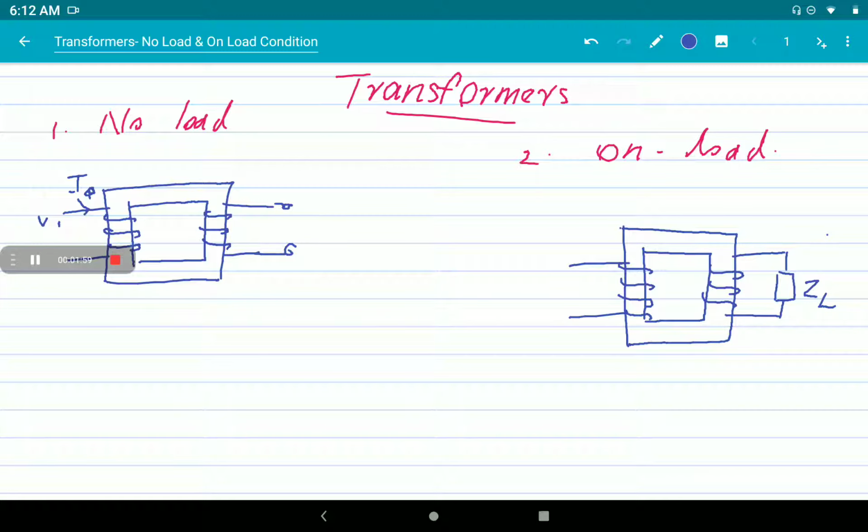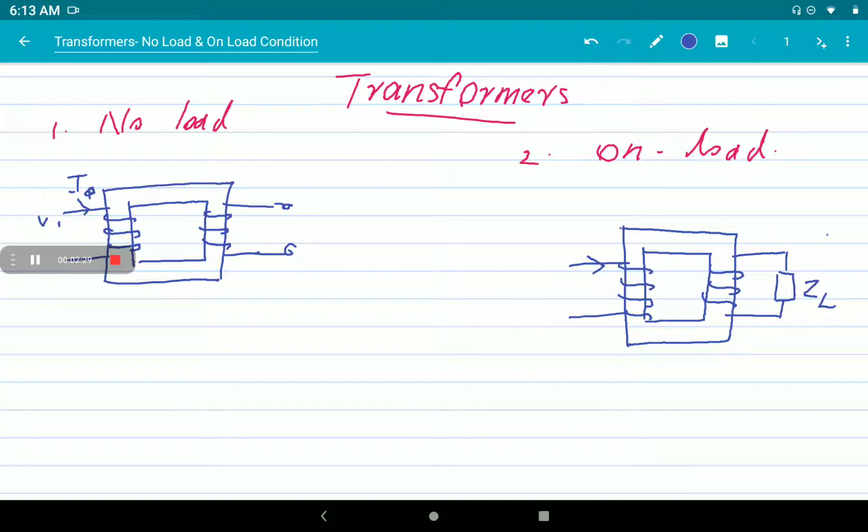First, on no load condition, when it is an actual transformer there will be core loss, and when it is loaded we have to consider the copper loss of the winding also, because the current flowing through the winding increases when it is loaded. In no load condition I0 is a very small current compared to the load current, but some small winding copper loss is present in no load condition also.